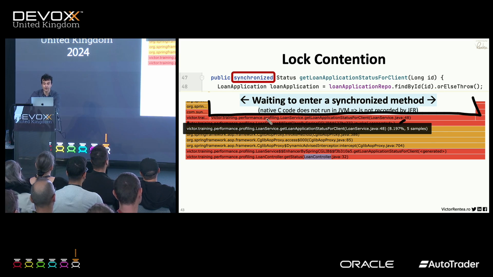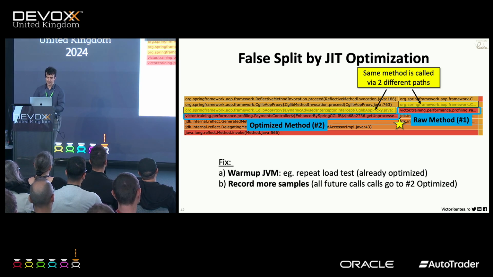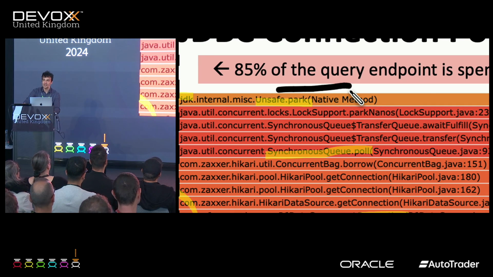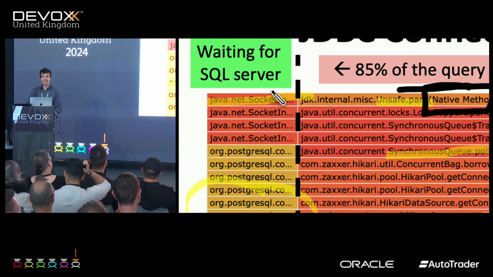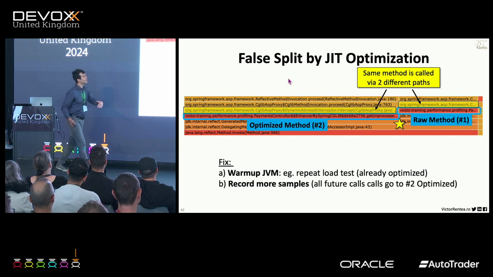It's native code. It's C++ code, and Java Flight Recorder cannot see into native calls. So technically speaking, every time you look at the top of this flame graph, there are always C++ methods that get out of Java to do low-level stuff right below the JVM.